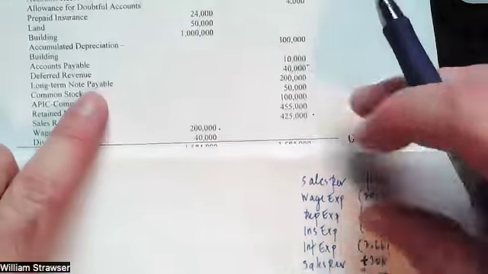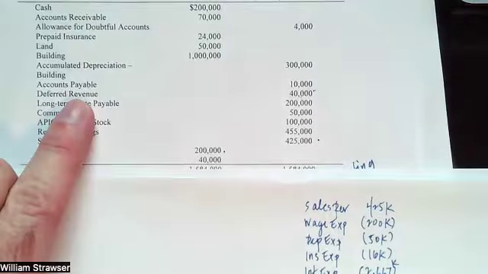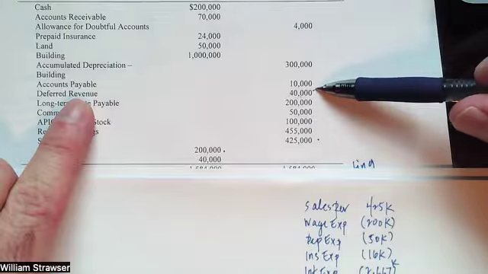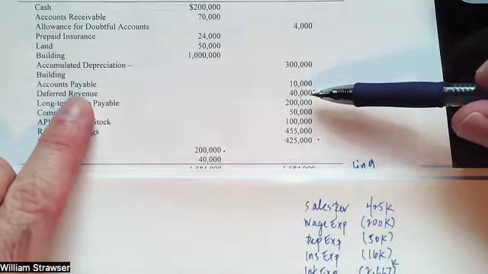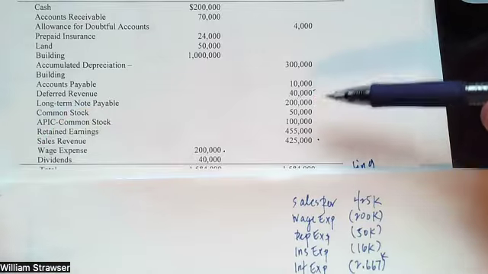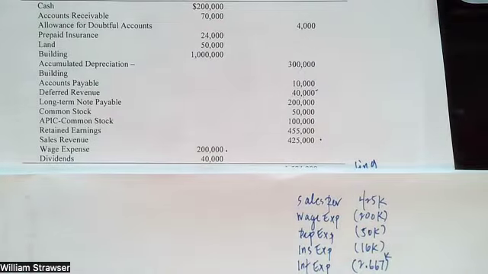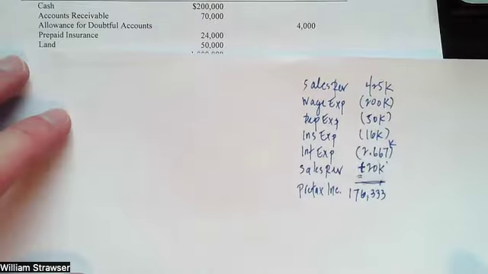Notice we do not include deferred revenue because deferred revenue is not a revenue, it is a liability account. So be careful. You can't just grab anything that says revenue or an expense. You have to make sure it's an income statement account. But that gives me my pre-tax income.